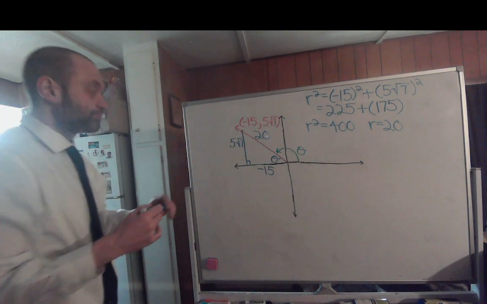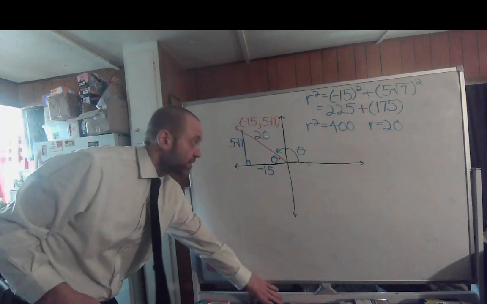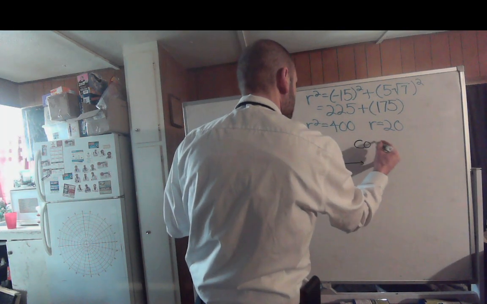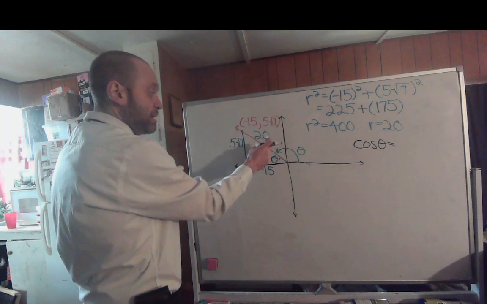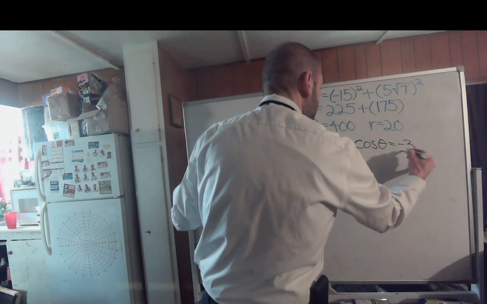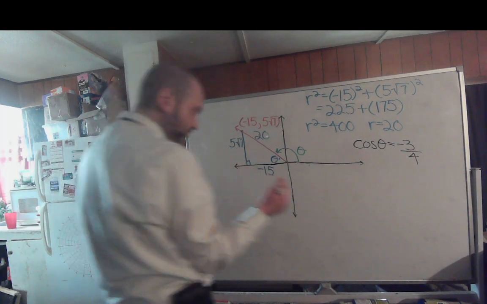Alright. Now we can go through and find the value of the 6 trig functions. So let's find the cosine of theta. That's going to be adjacent over hypotenuse. Negative 15 over 20 is negative 3/4. So there's my cosine of negative 3/4.